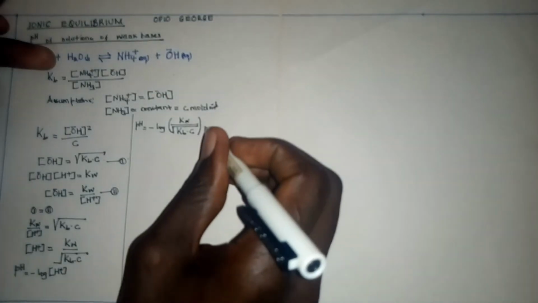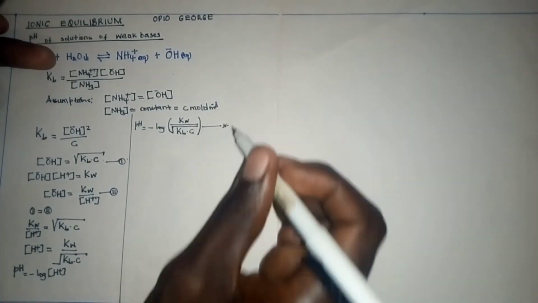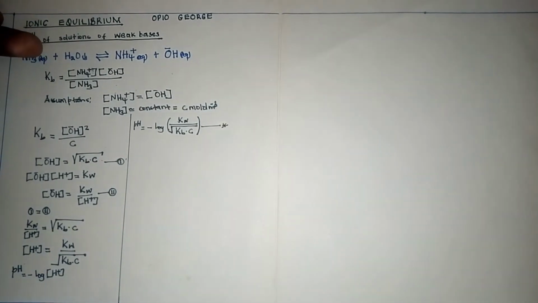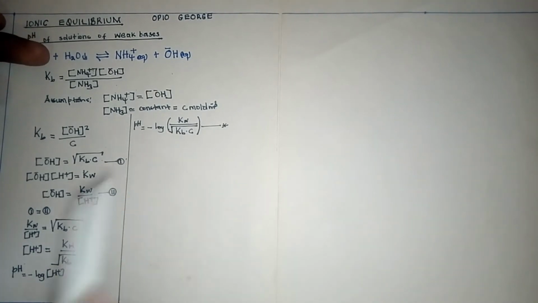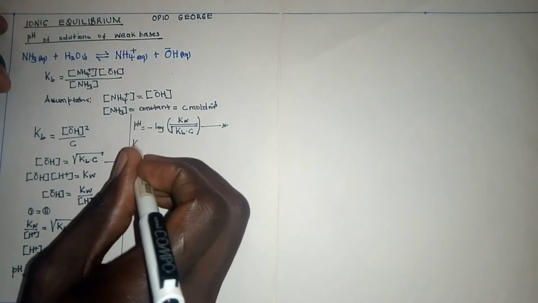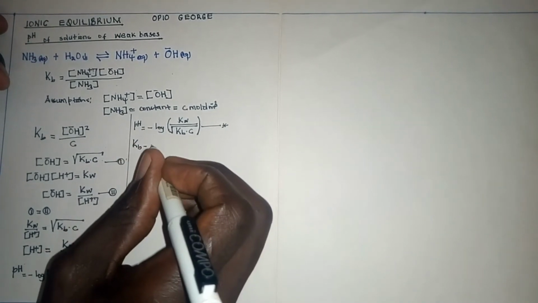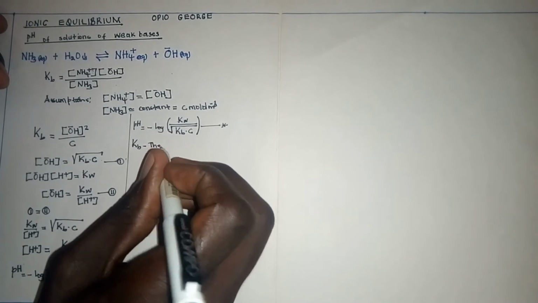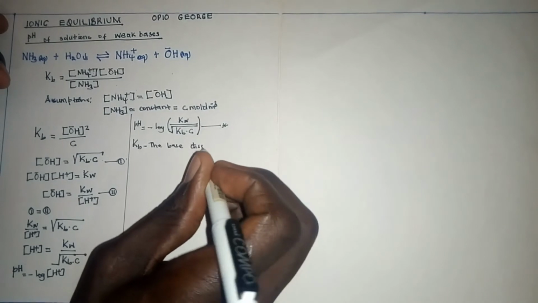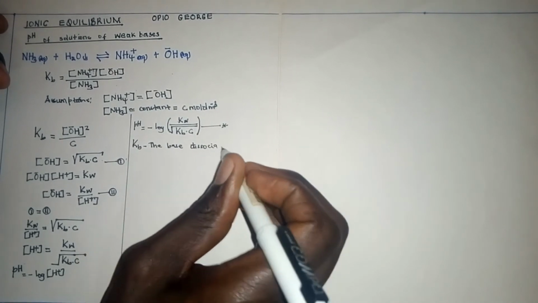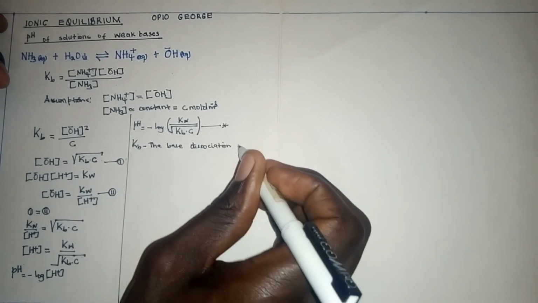So this expression should give you the pH of a solution of a weak base once given the Kw, Kb, and the initial concentration. Now the Kb that we have in our expression is what we call the base dissociation constant.